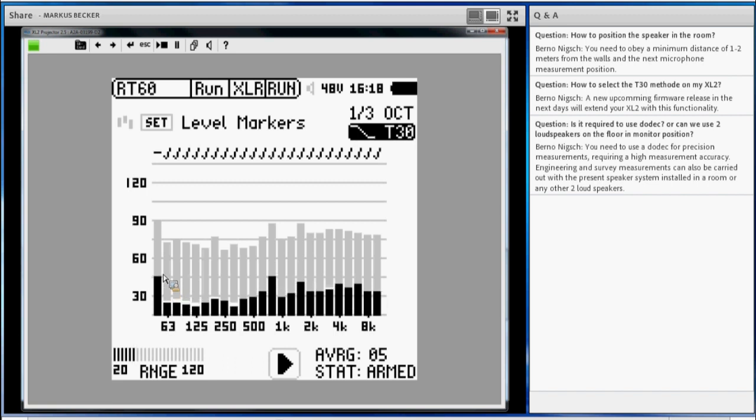So the sound source was not able to exceed the minimum level required for a correct measurement, and for that reason this lowest band has not been measured successfully.